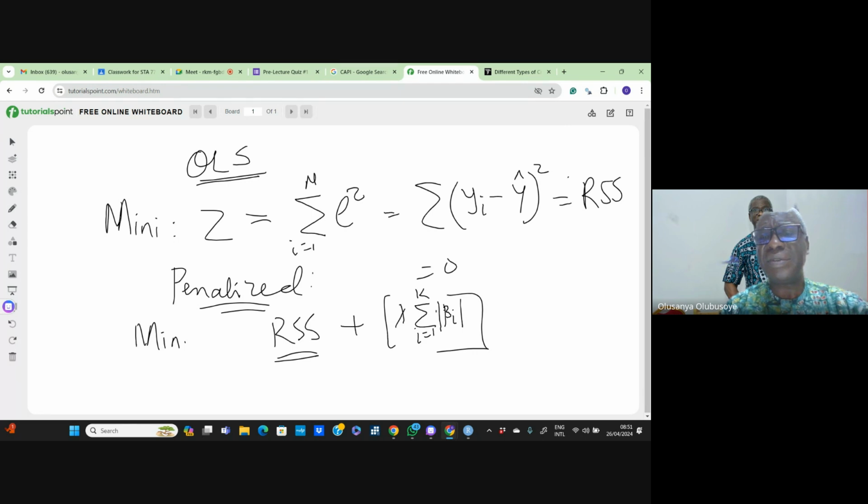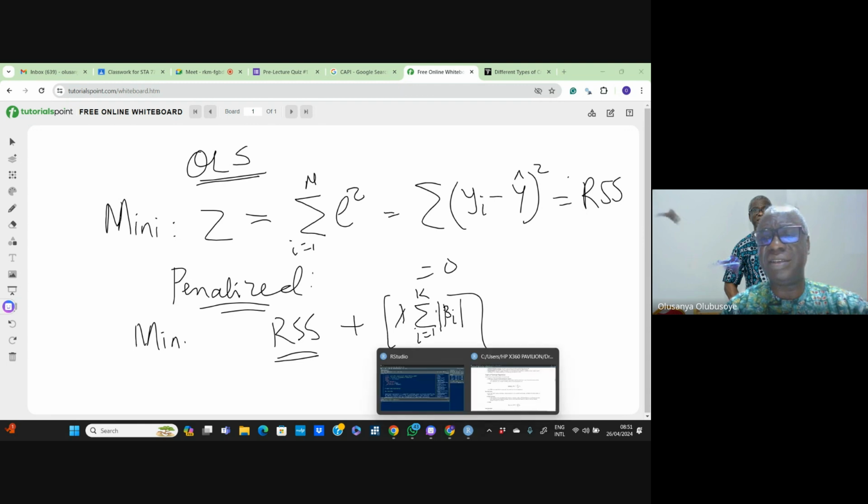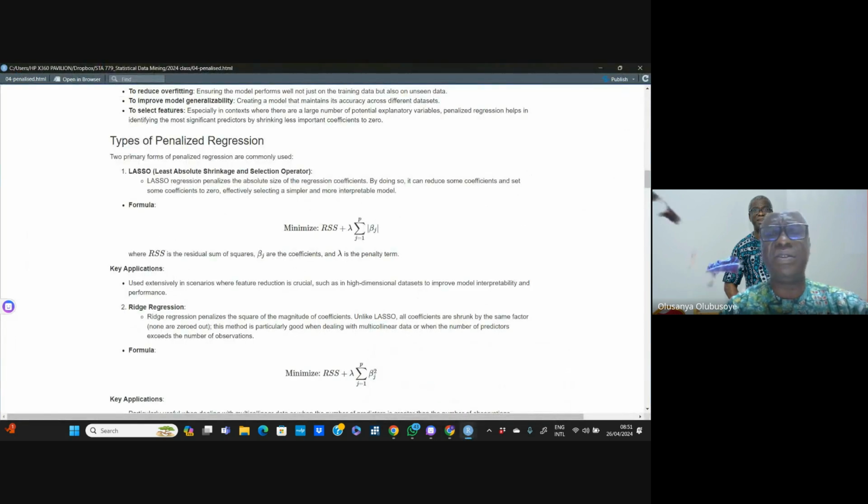But this lambda is what we call the penalty term. We also call it the shrinkage parameter, or the tuning parameter.